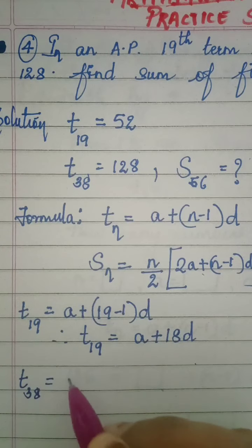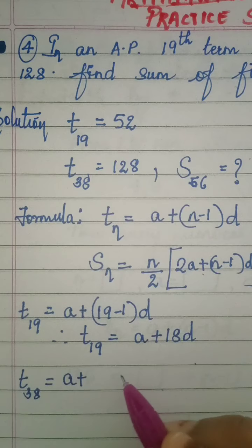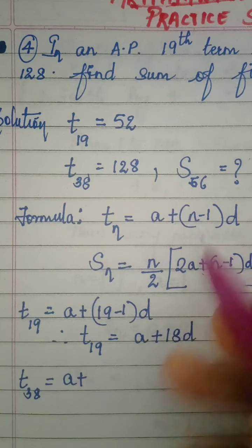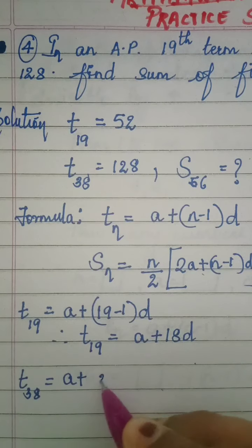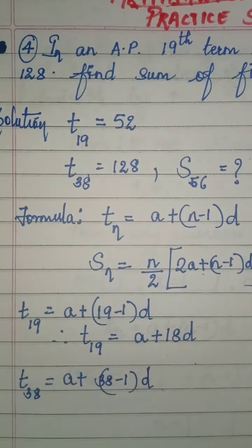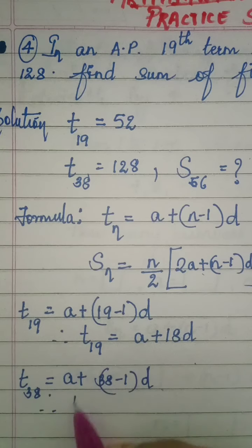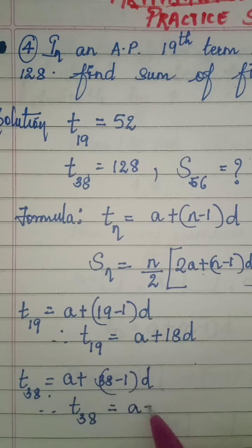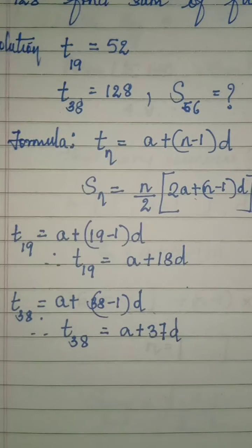T38 is equal to A plus, in place of n now you will write 38 minus 1, the whole multiplied by D. So therefore, T38 is equal to A plus 38 minus 1 is 37D. Okay, so till here it is clear.